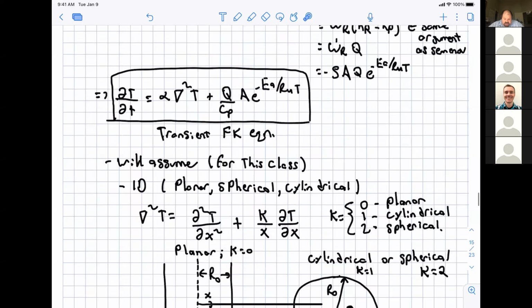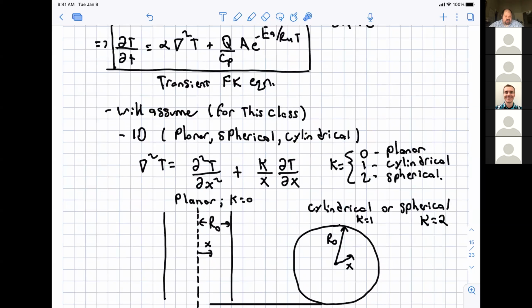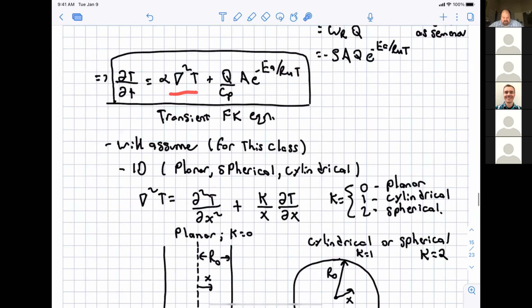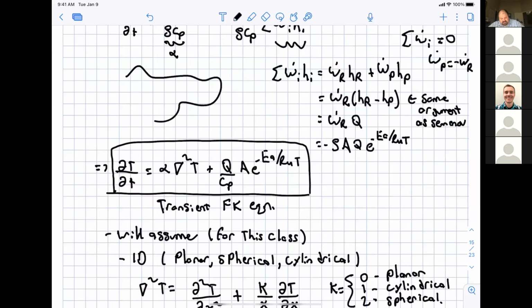And so that will work for an explosive of any shape. This is a multidimensional equation. So in principle, you could have an energetic material shape like this, and you could do Frank-Kamenetskii on this energetic material if you so choose.